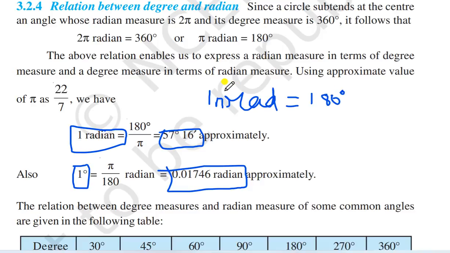So we take this to the other side, so we get pi rad by 180 equals 1 degree. So this is how we get 1 degree.